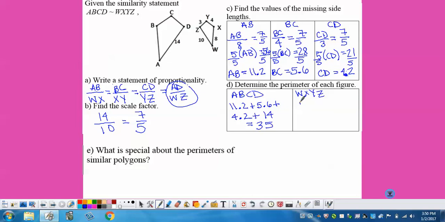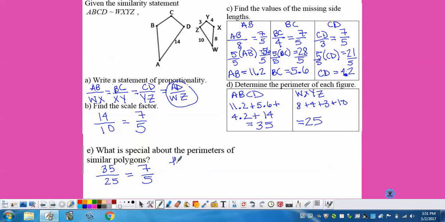So 8 plus 4 plus 3 plus 10. That gives us 25. So if we take the ratio of the perimeters, we would have 35 over 25, which if you simplify, still comes out to 7 over 5.